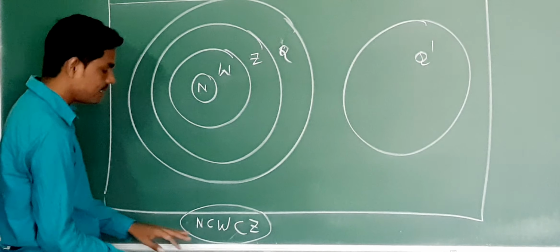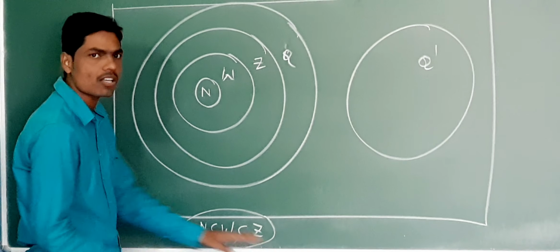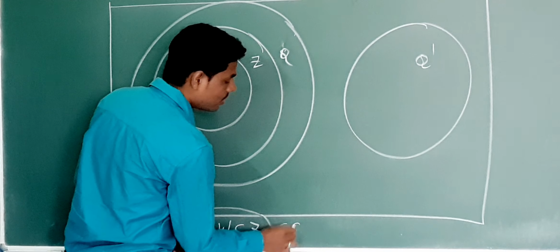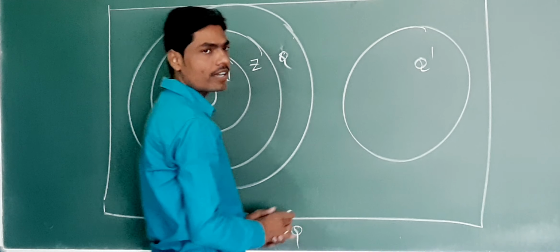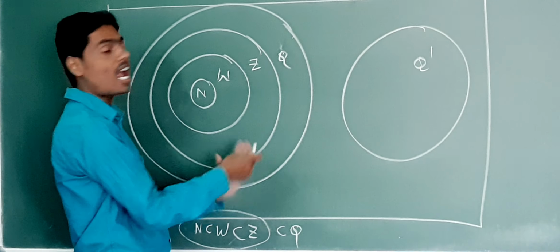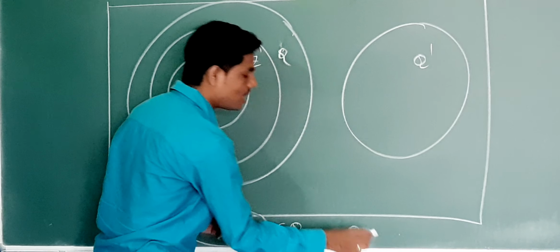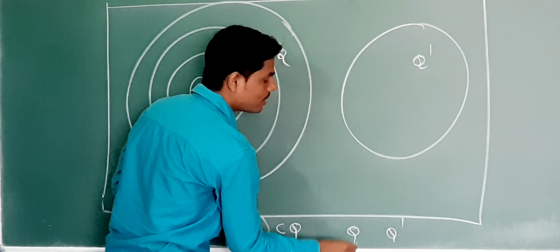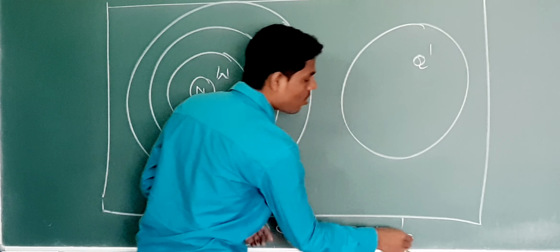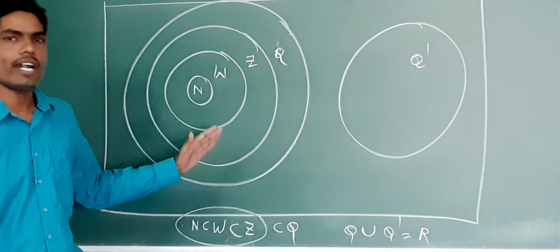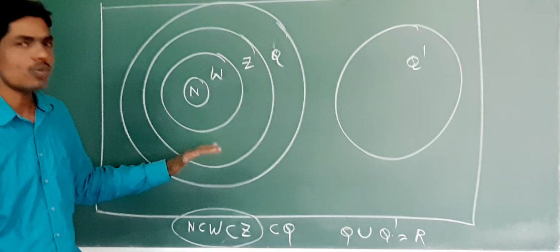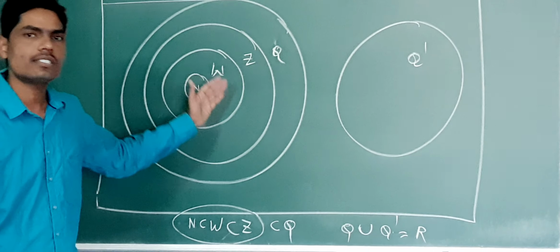That means natural numbers, whole numbers and integers are all subsets of rational numbers. Now, irrational numbers are different. The combination of rational numbers and irrational numbers is called real numbers. This is also called a Venn diagram, in the way of sets.